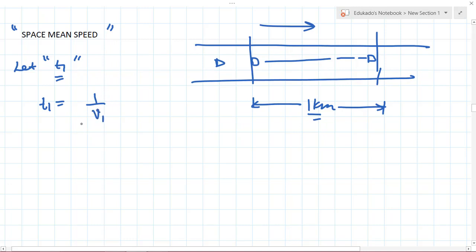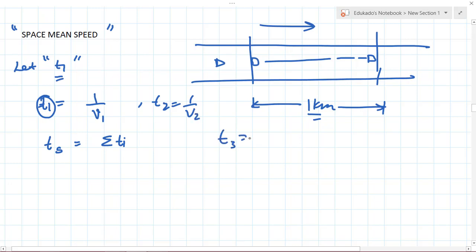Now if there are n such vehicles, then the average travel time, which I call Ts, will be the summation of Ti divided by n. For the second vehicle, T2 equals 1 upon V2.